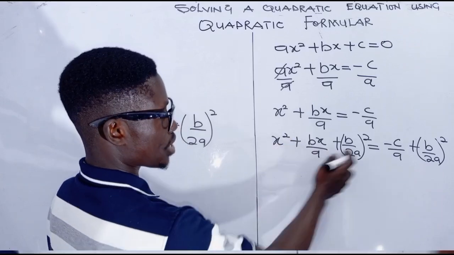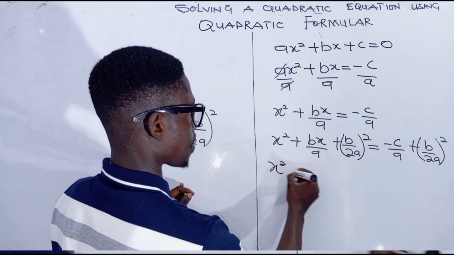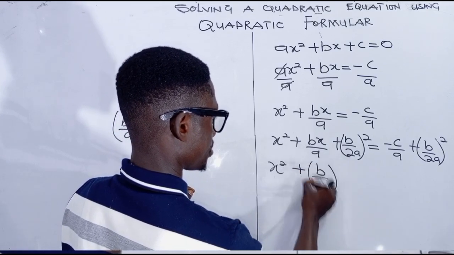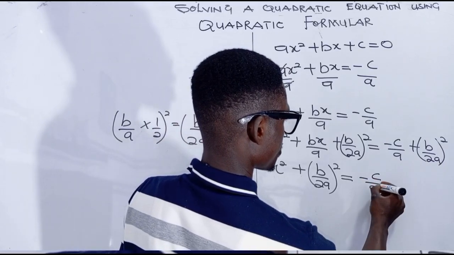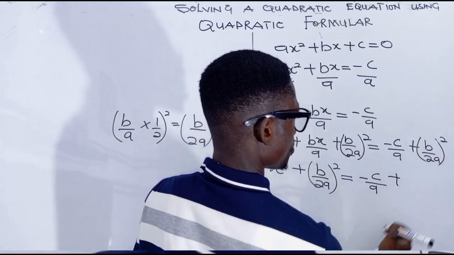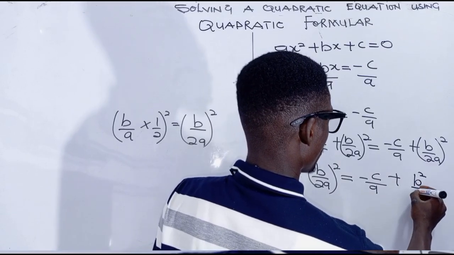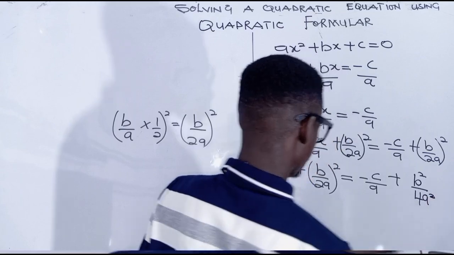We have x squared here, we have squared here. Let's group the squares together. Now when you remove the bracket, or expand, you are going to get b squared all over 4a squared.